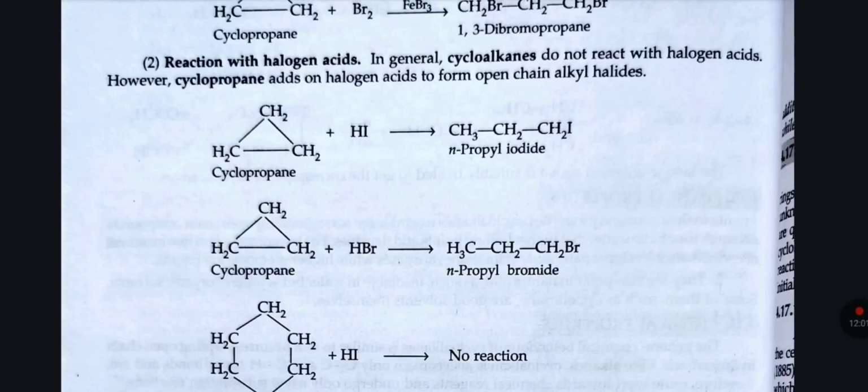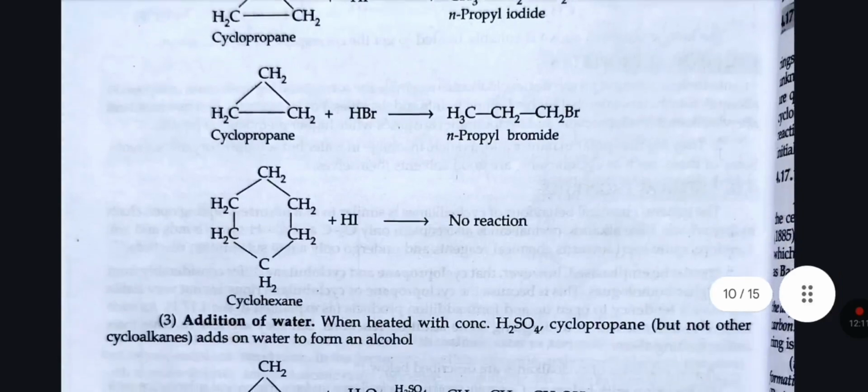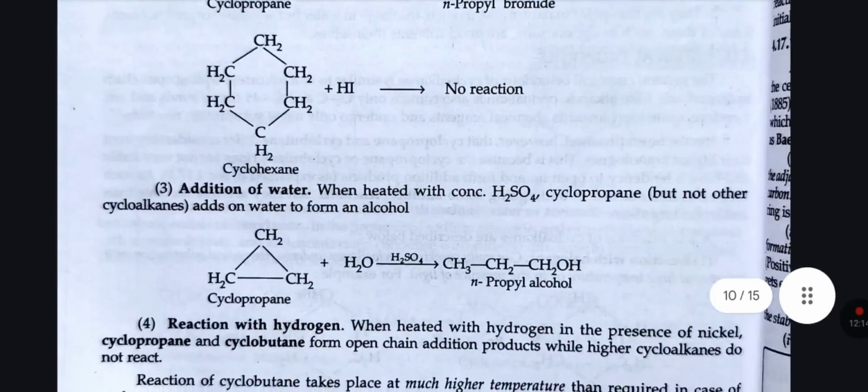Cyclopropane plus HI will give n-propyl iodide. Cyclopropane plus HBr will give n-propyl bromide. And cyclohexane plus HI will give no reaction. Third, addition of water. When heated with concentrated H2SO4, cyclopropane, but not other cycloalkanes, adds on water to form an alcohol.